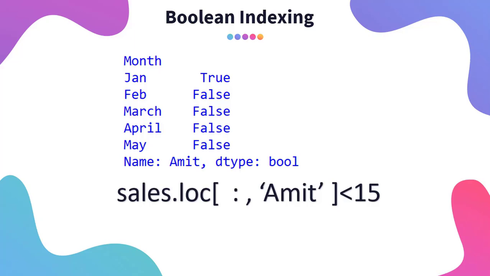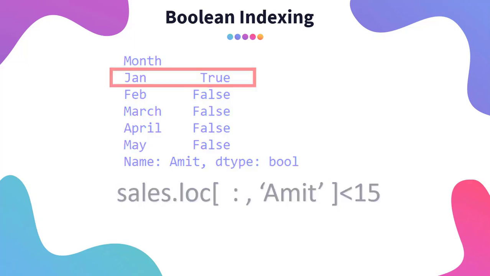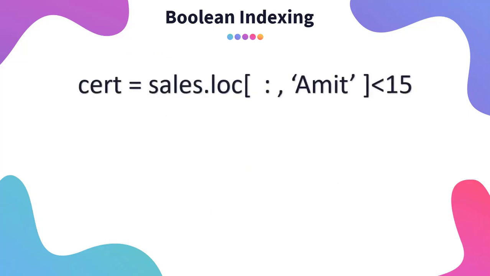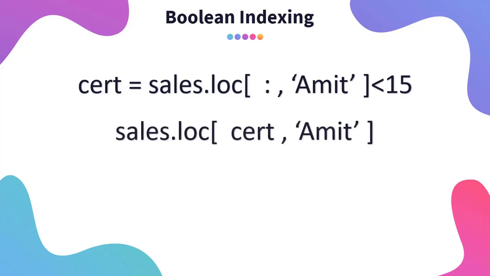If I want to display the worst month of Amit, that is where the value is less than 15, what I can do is write it like this. I just use another variable, that is cert, that is criteria, and store the series produced by this condition. And then I will use this.